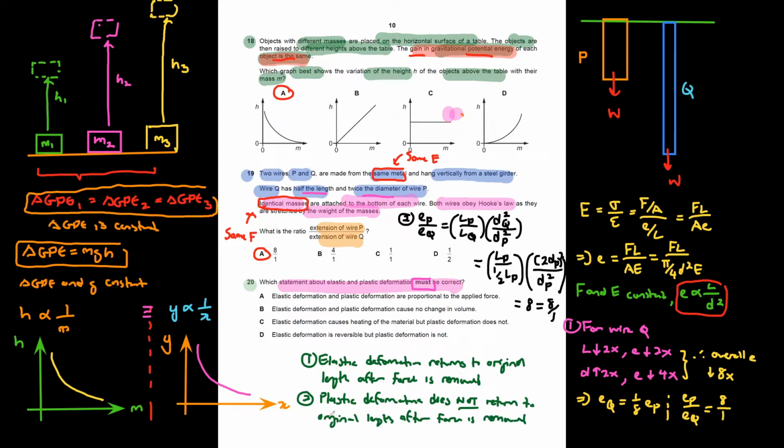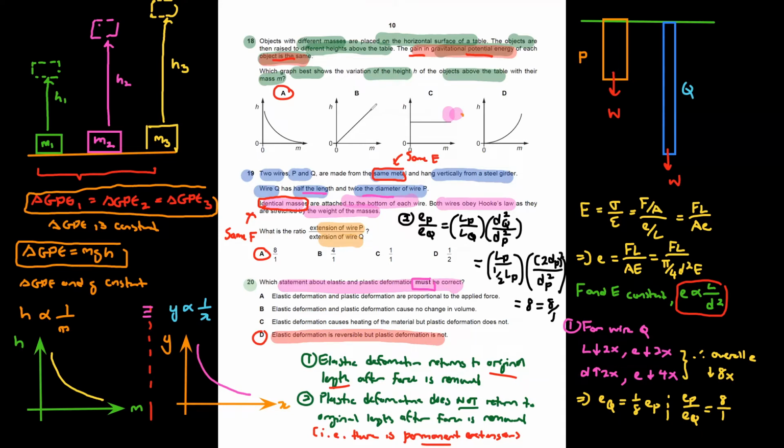In other words, there is permanent extension or deformation. So looking at the answer choices, the obvious answer is actually D. Elastic deformation is reversible, but plastic deformation is not. When it's reversible, it means you can go back to the original length. When it's not reversible, that means it doesn't go back to the original length. There's some sort of permanent extension.